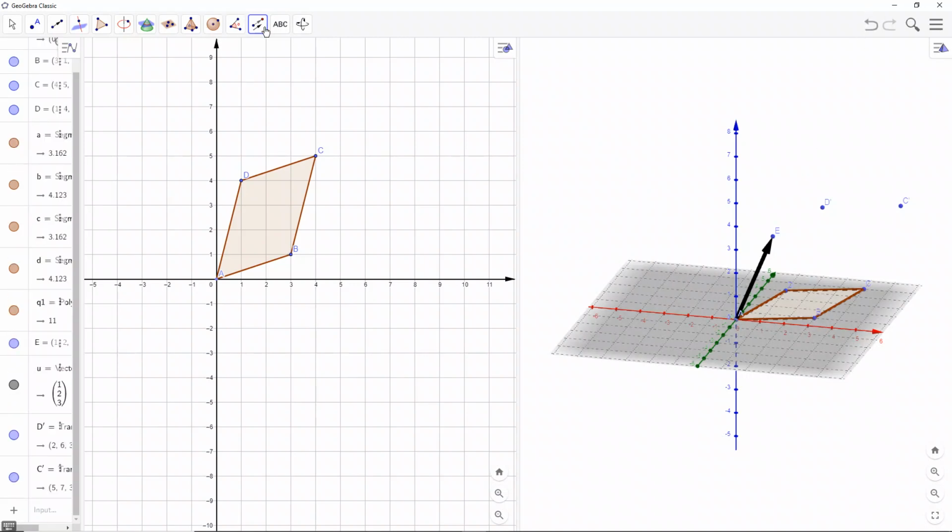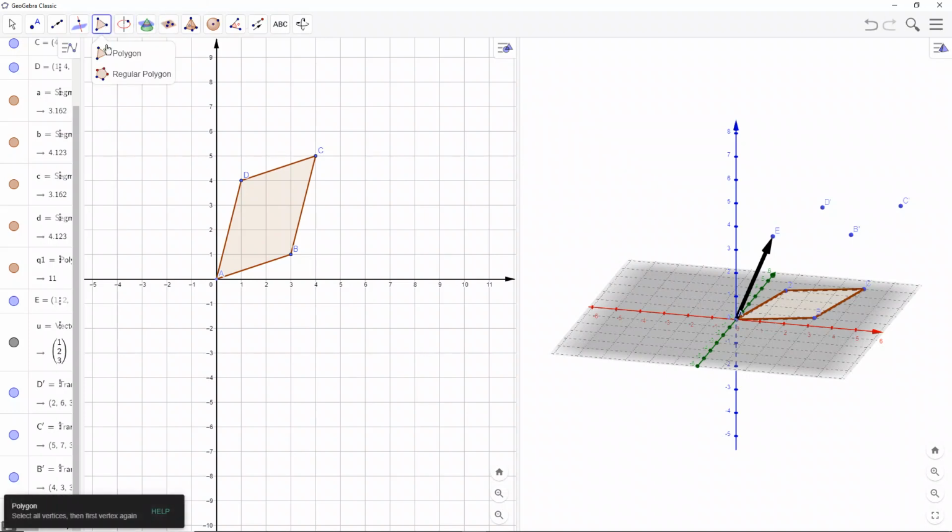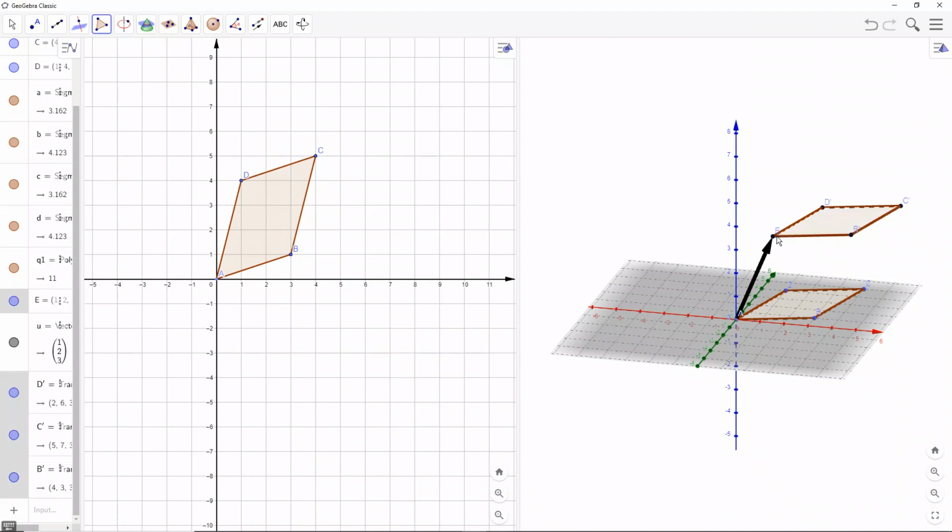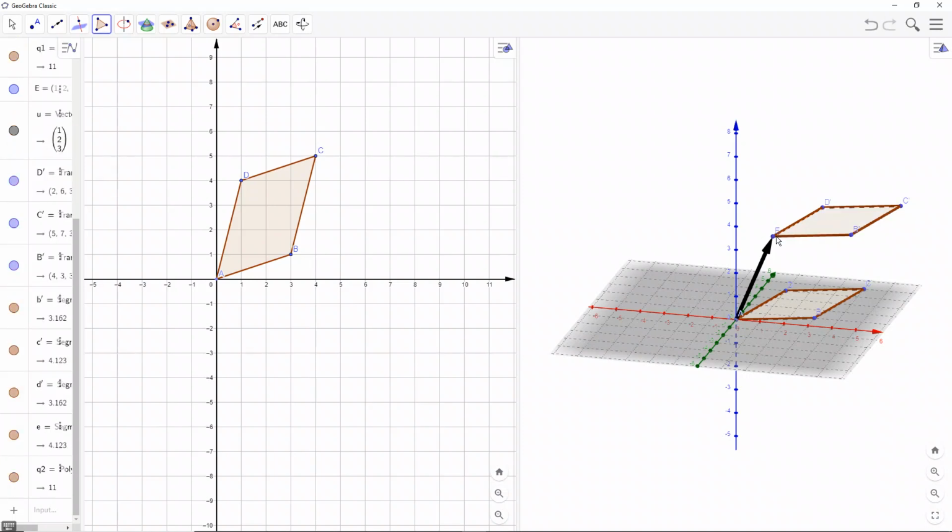So another time, this point and this vector. Now it is in space, yes? And now I make another polygon using this. Yes, it's working. So now you see I translated the lower parallelogram into space using that vector.